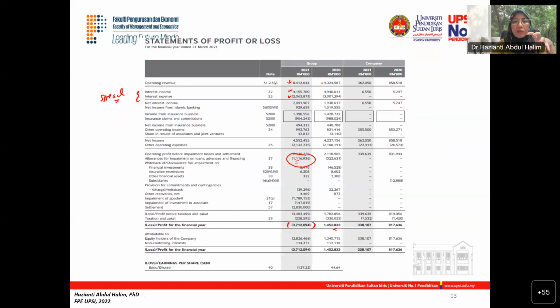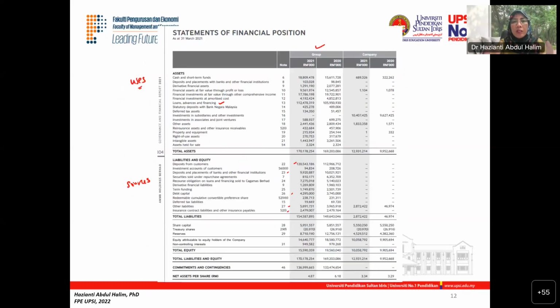This is our balance sheet. When we talk about balance sheet risk, we are talking about all these items in the financial statement. Another one is off-balance sheet risk, which means the risk outside of this balance sheet.